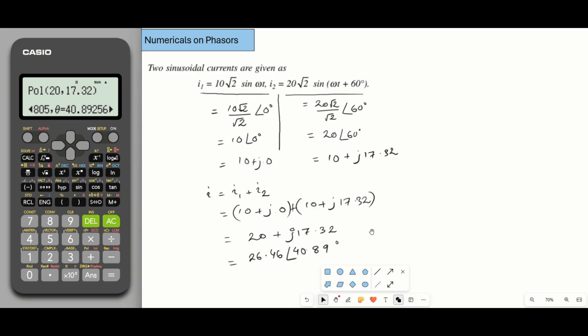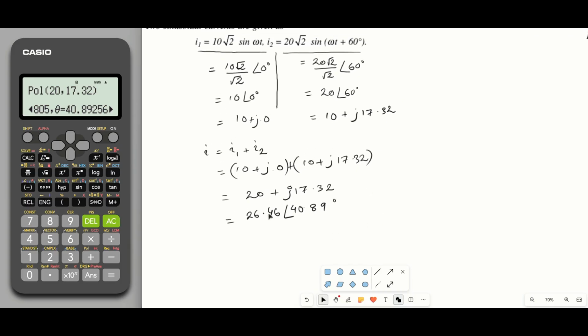Now we have to convert the same thing into the previous format, meaning the sine format. To convert this into sine format, this is the RMS value, so multiply it with root 2, then sine of omega t plus the angle, which is 40.89.